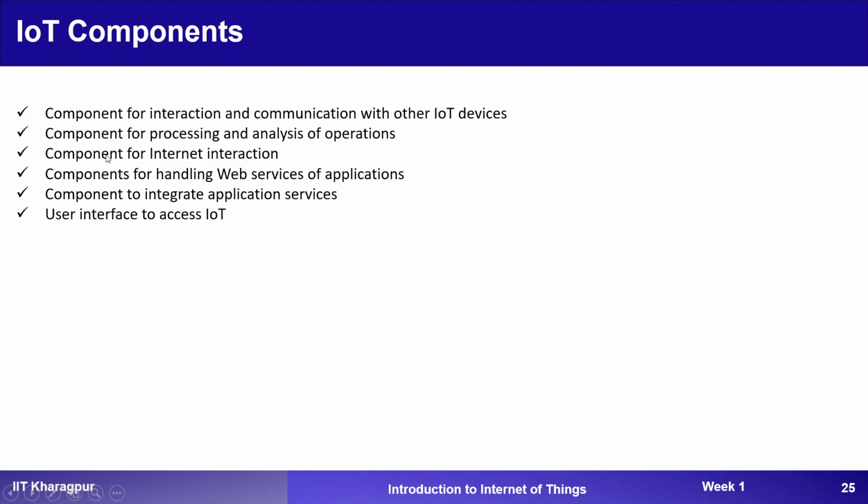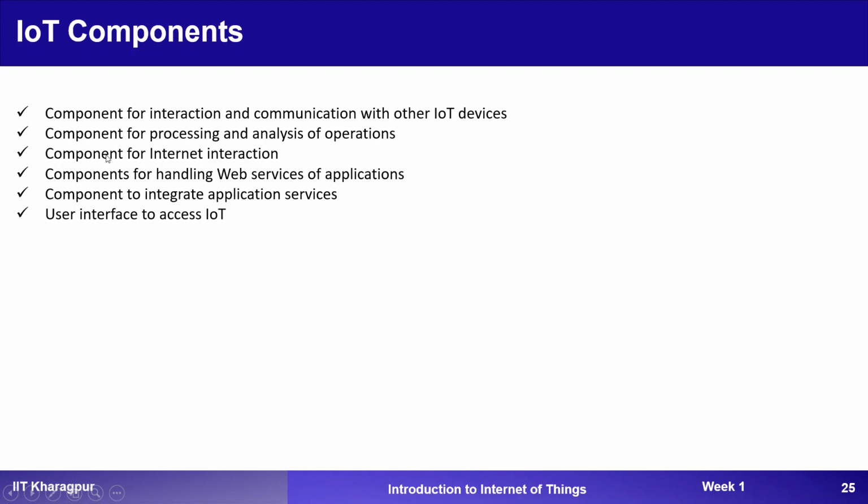Then we need components to integrate the application services with the IoT. Then there should be a user interface to access the IoT. This user interface should be user friendly, so that the end user can access the functionalities provided by your IoT.